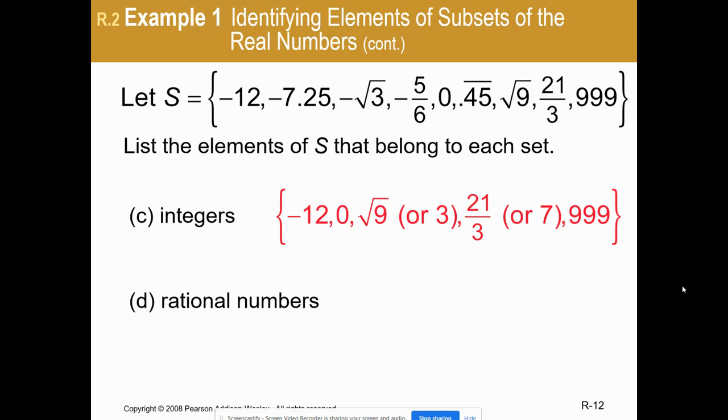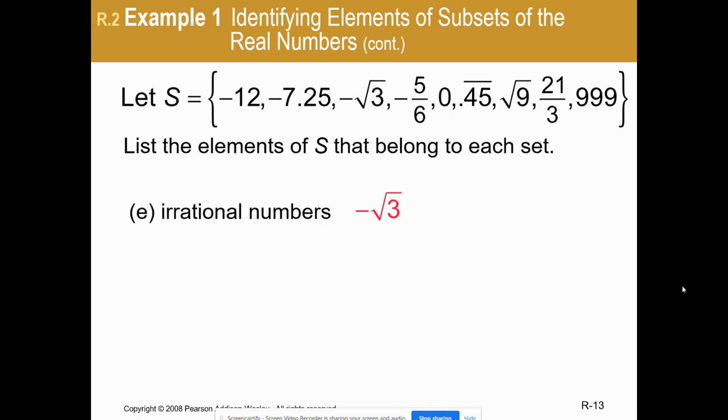Another version of rational numbers is repeating decimals, for example 0.45 repeating, or terminating decimals like 7.25. So basically everything up there except the negative square root of 3 is a rational number. I can either make it look like a fraction by putting a 1 under it, or it's a terminating or repeating decimal. That means the only irrational number is the negative square root of 3.